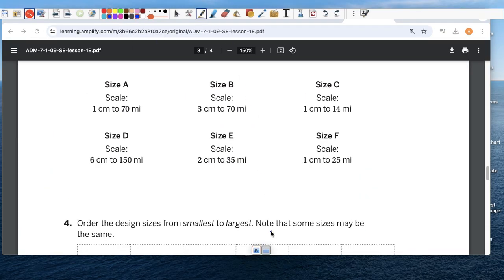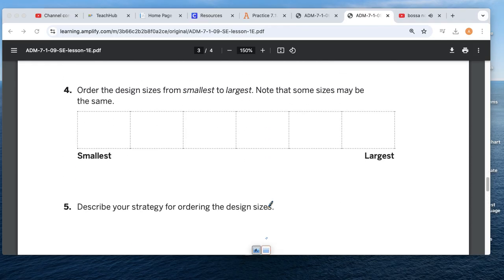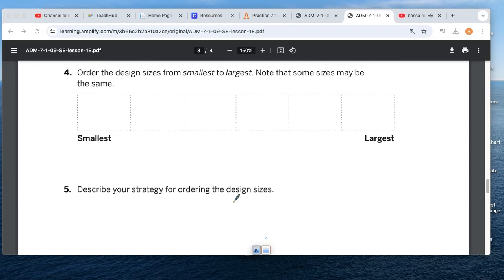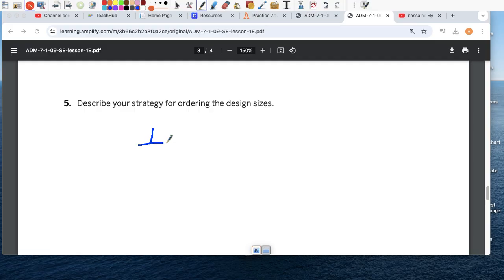So that was, I forget what page that was, 66. And describe your strategy for ordering designs. I would write that you compare the ratios. You compare each of the scales. So 1 centimeter to 70 miles. The other one was 1 centimeter to 25 miles.